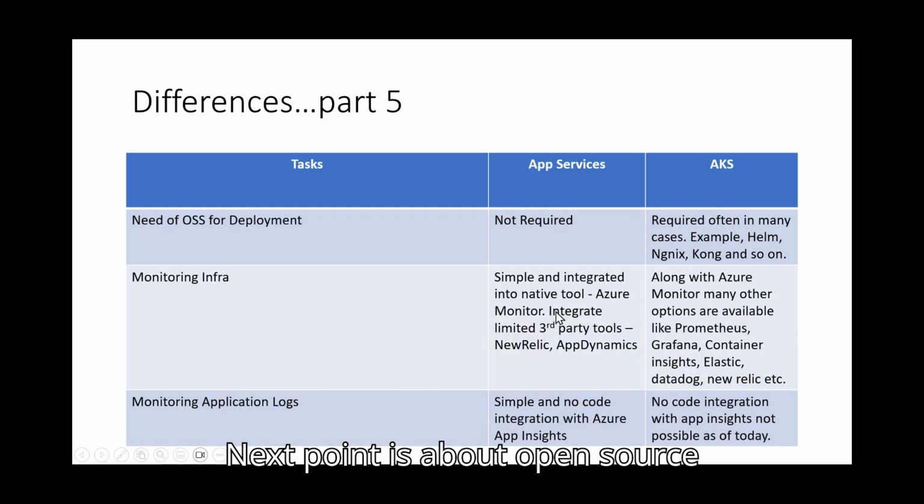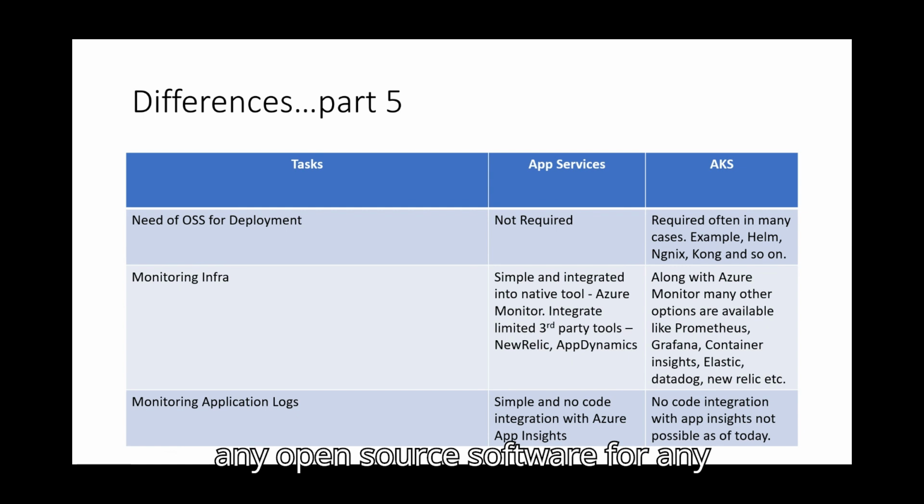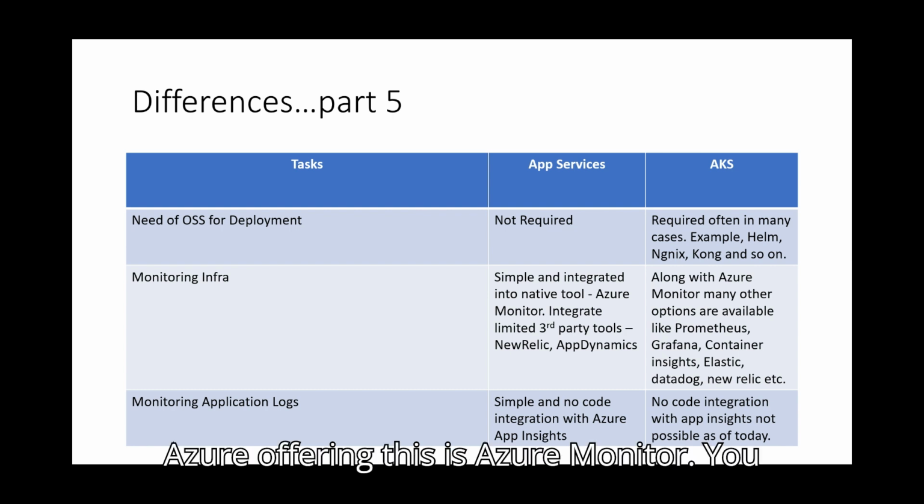Next point is about open source software deployment. In app services, you do not need to use any open source software for any functionality. But in AKS, you will often end up using many open source software like Helm, Nginx Ingress Controller, Kong Ingress Controller, and so on. Then, when it comes to monitoring the infrastructure for app services, the option is easy. It is the native Azure offering, which is Azure Monitor.